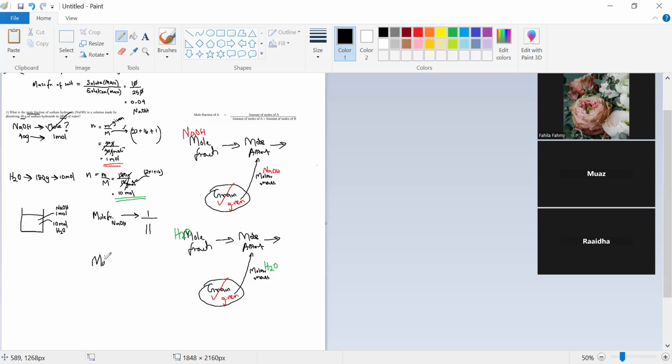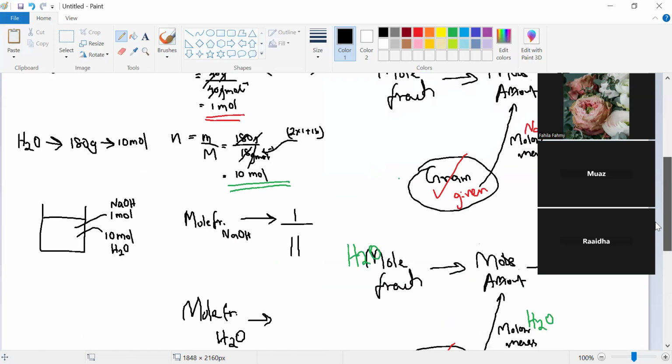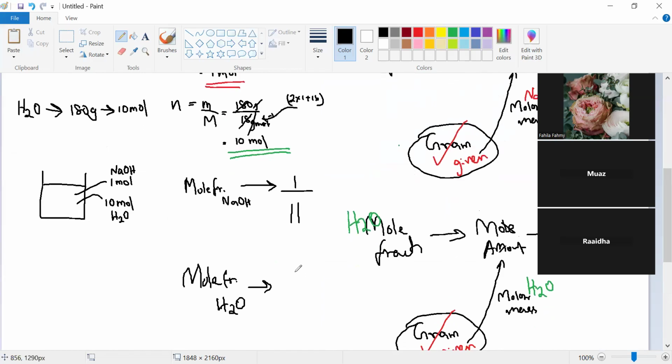Now, if I tell you to find the mole fraction of water, what would you do, Raida? 10 over 11. Makes sense. Easy? Yes. So this is the theory of finding mole fractions.